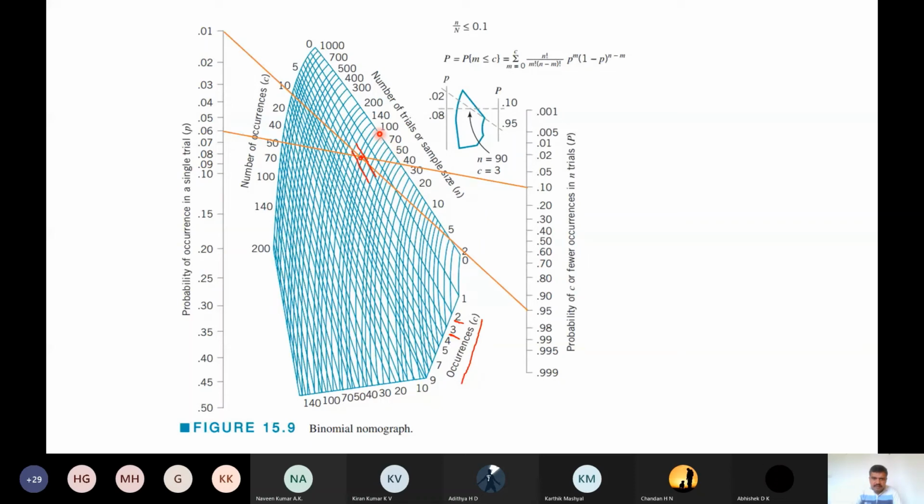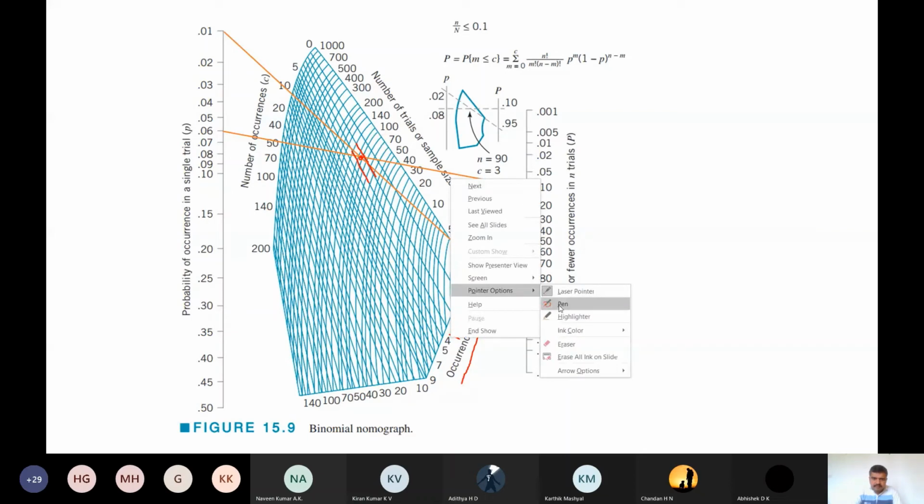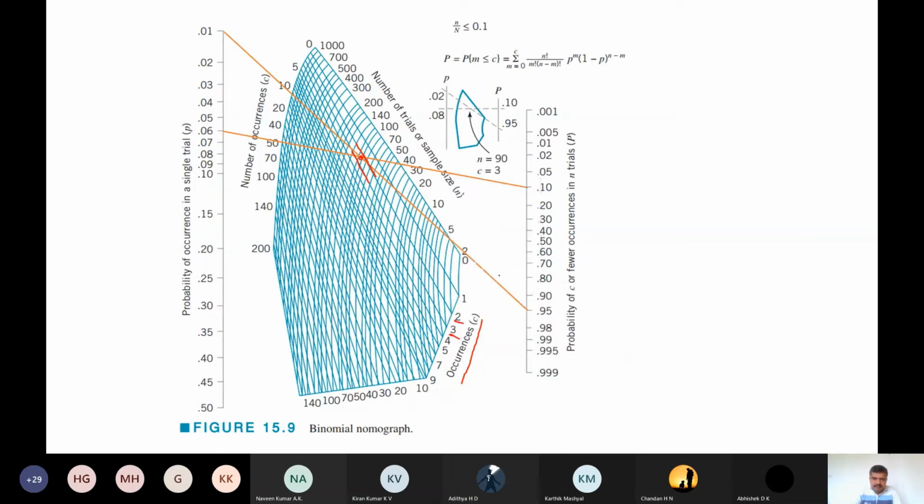So this is for 100. This is 90. It is lying on this 90. So like that, you will get N and C based on this intersection point.